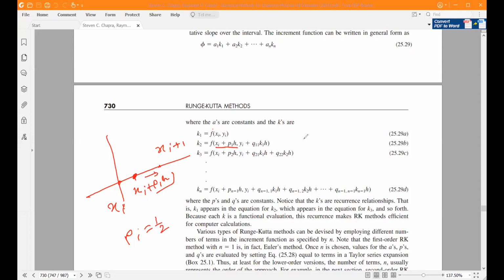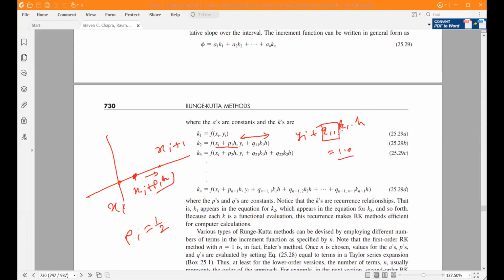Your y value would be equal to the y value already available with you, with a coefficient q11, k1 into h. Previously, you see that in the simple case of the Euler method, the value of your q11 would be equal to 1, isn't it? Yes, sir. Because your yi plus k1 is your slope multiplied by h.